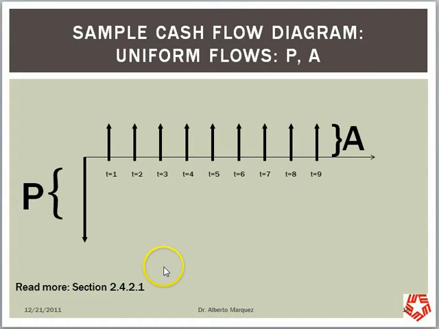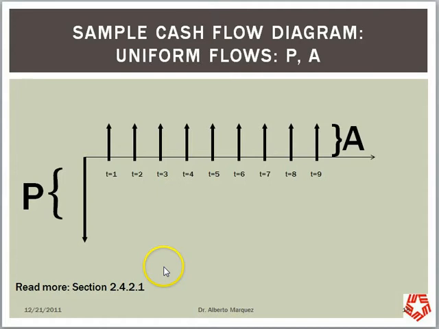When we have that situation, we refer to those cash flows as annuities, and since this is a very common practice in business, we have special formulas that give us shortcuts to compute these series of cash flows in a simpler manner, as opposed to having to bring each one of them to the present independently.